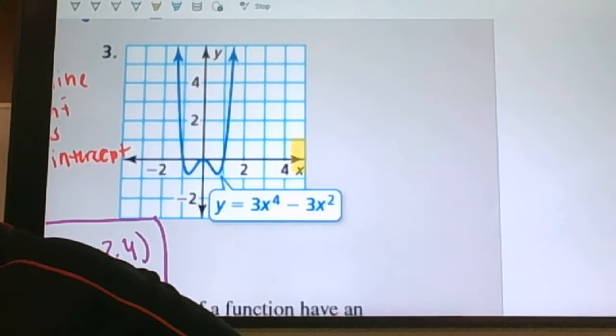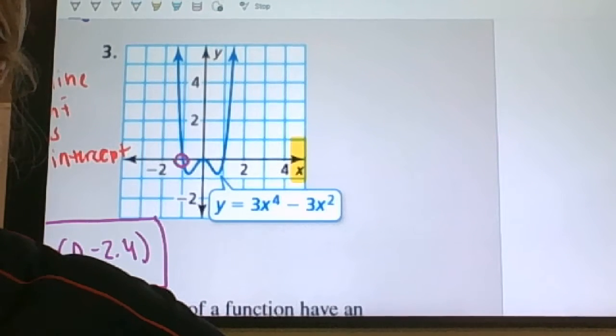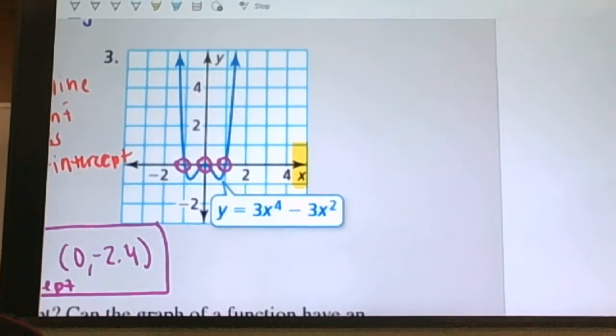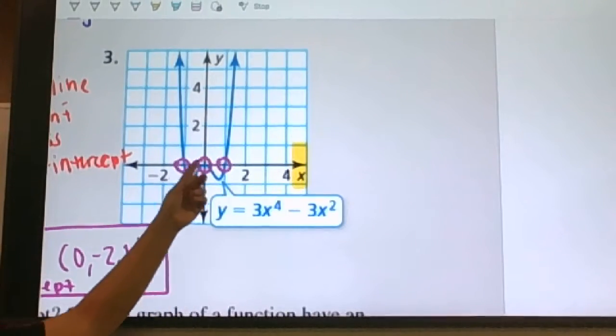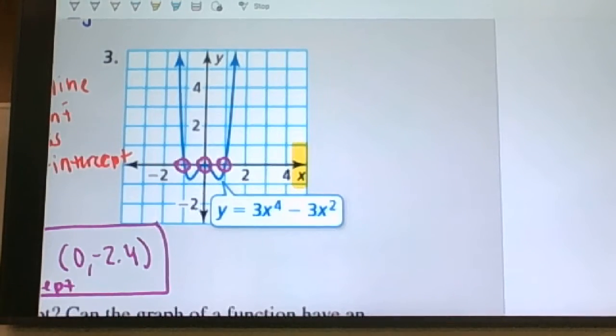So when I focus on the x-axis, it's kind of hard. There's a lot going on. We go through here, here, and here. There's 3 different places that this x-axis is intersected. I have to describe them all.